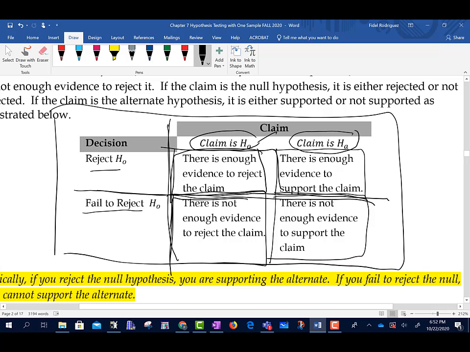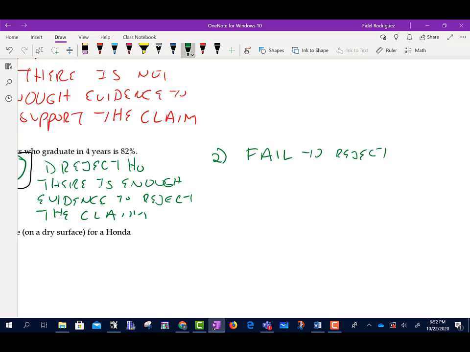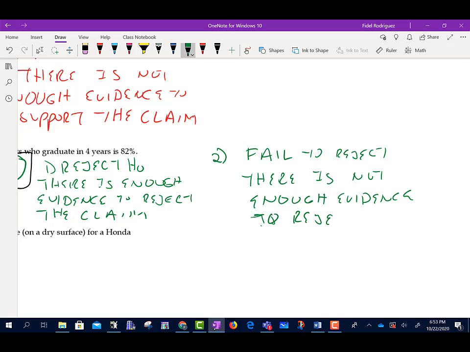I'm going to say there is not enough evidence to reject the claim. Okay?